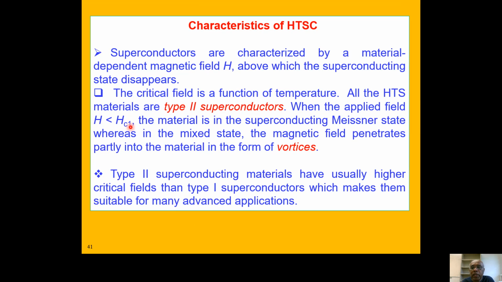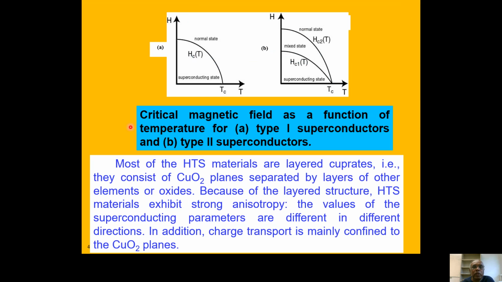Usually type 2 superconductors have much higher critical fields and also much higher critical temperatures. Type 1 superconductors have one critical field, but type 2 superconductors have two critical fields, right? This is where you have the mixed state with the vortices.